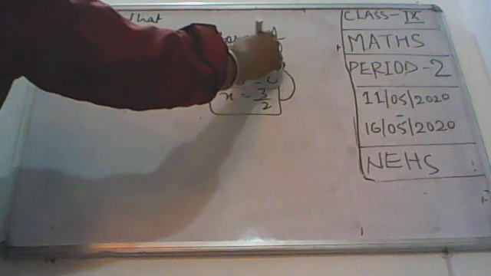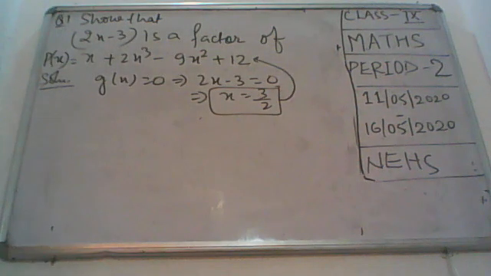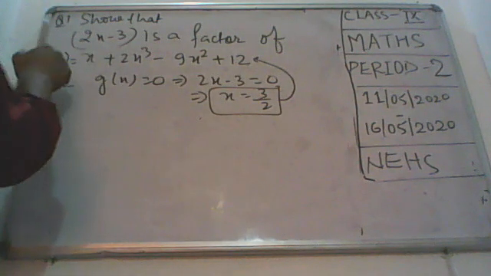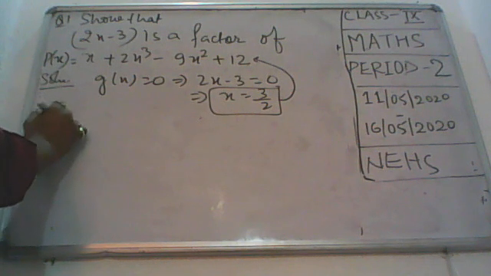Now this x will go into this equation here. So this polynomial in x will become the polynomial at 3 by 2.